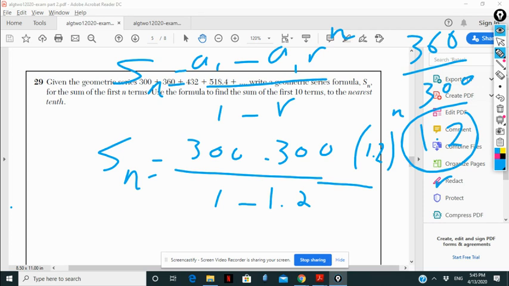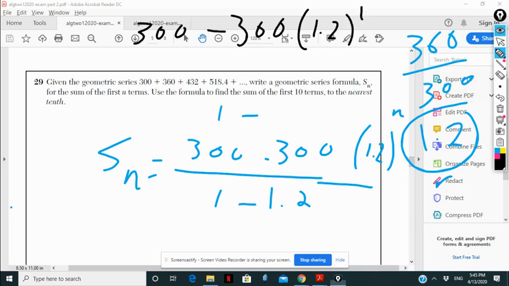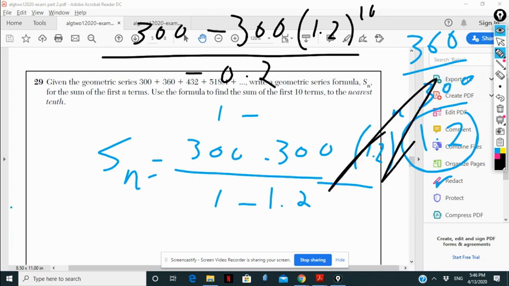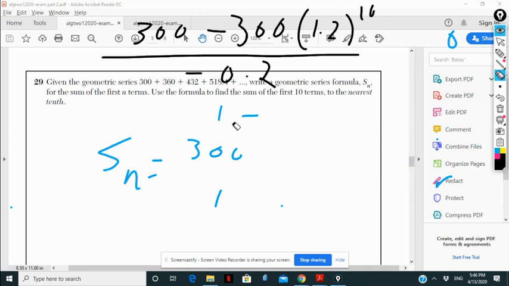Now he's asking me the first 10 terms, so I'm doing n equal to 10. Okay, so it's 300 minus 300 times 1.2 to power 10 divided by negative 0.2. Now I'm going to use the calculator.